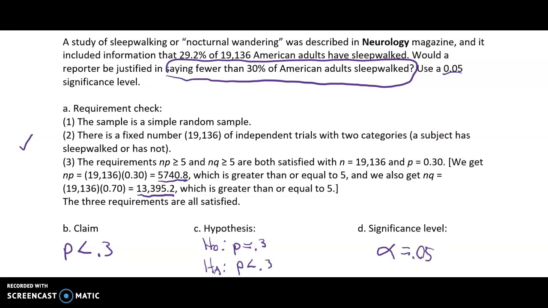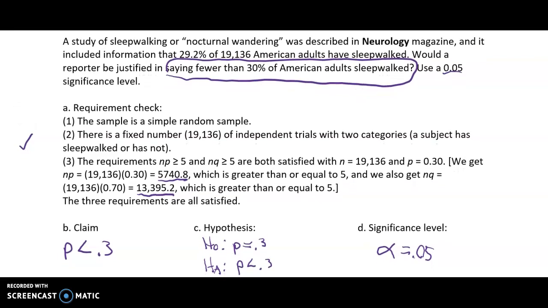Now, there's an issue with this one that we have to get around before we can move any further. We're not given a value of X successes. We're just given a percentage of sleepwalkers in this problem. So we're given 29.2% of the 19,136 sample had sleepwalked.